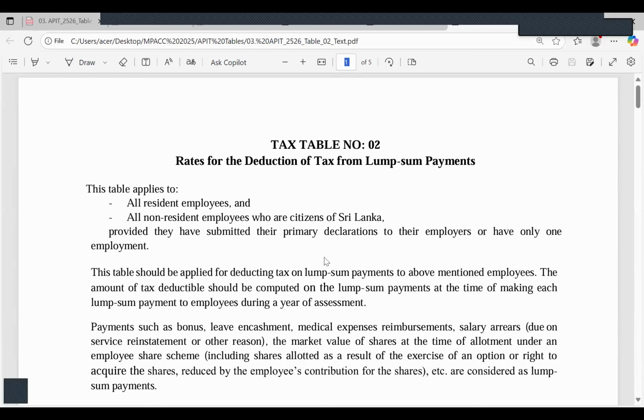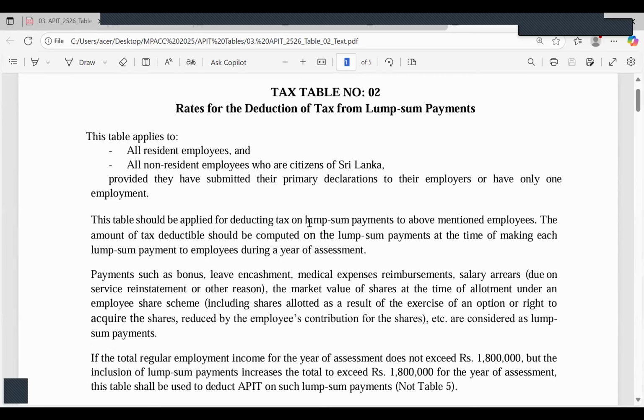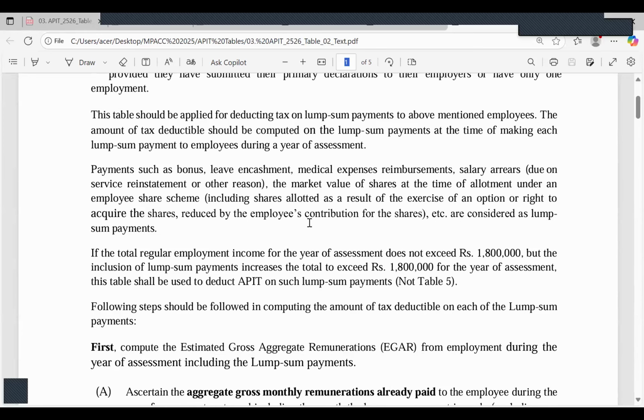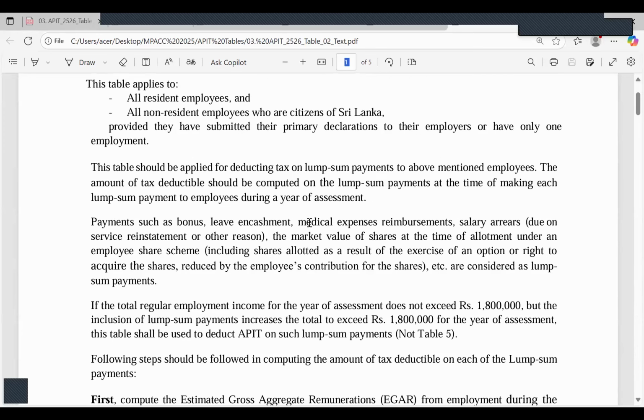So this table 2 is also applicable to all resident employees and non-resident citizens of Sri Lanka. This table is applicable for special situations, that is, deducting tax on lump sum payments to the above mentioned employees.